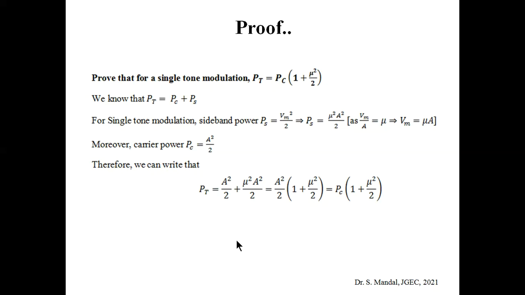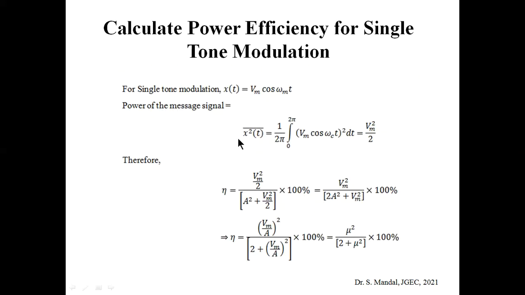Now sometimes it is given to prove that for single tone modulation, the corresponding formula to calculate the total power is Pt equal to Pc into 1 plus mu square by 2. It is very simple. We know that total power equals Pc plus Ps. Ps for single tone modulation, we already know, is Vm square by 2, the sideband power.